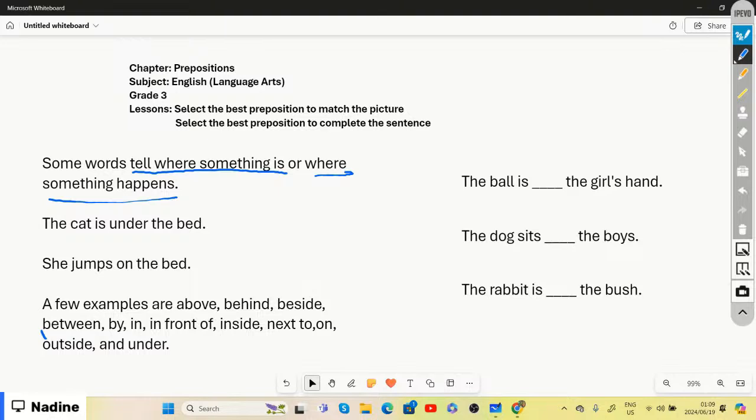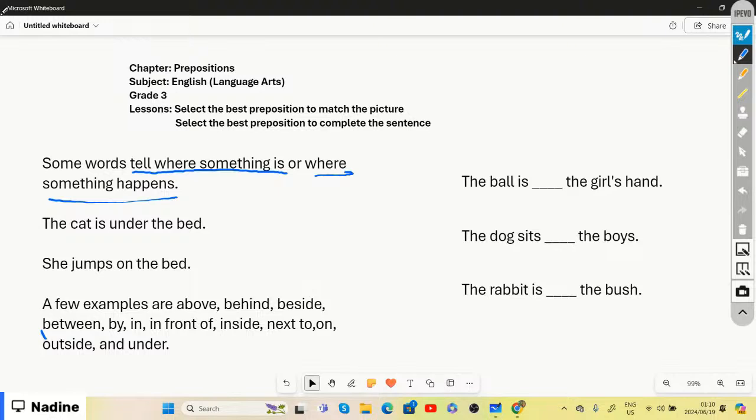And if we look at the examples, it says the cat is under the bed. We now need to say where the cat is. So the cat is under the bed.